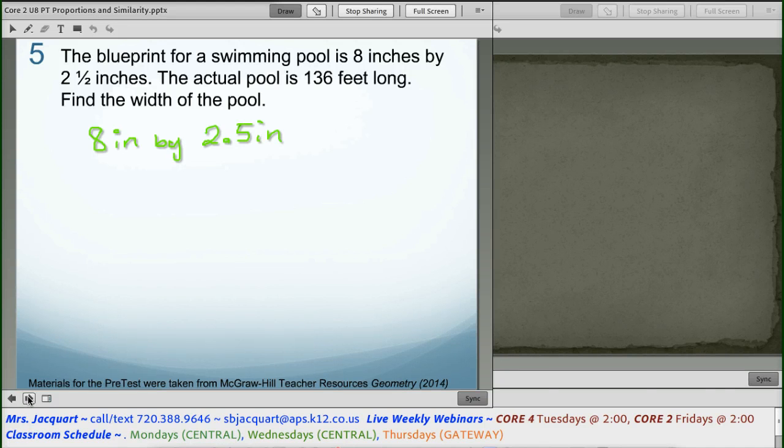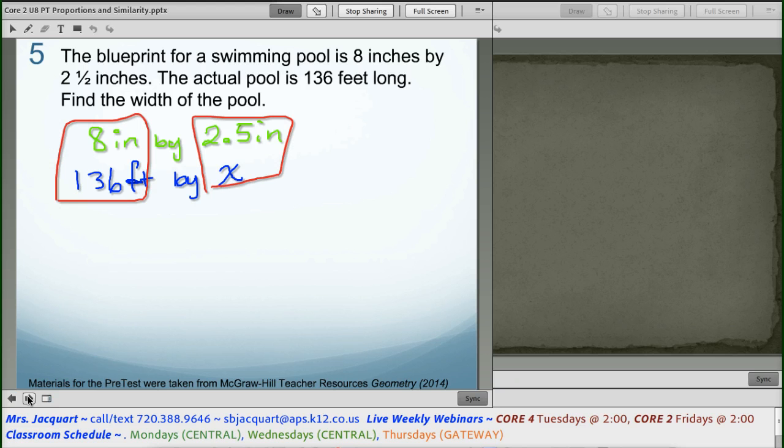The actual pool is 136 feet by, we don't know. So let's create a ratio so we can figure it out. All I'm going to do is box those out and make fractions. So 8 over 136 equals 2.5 over x.